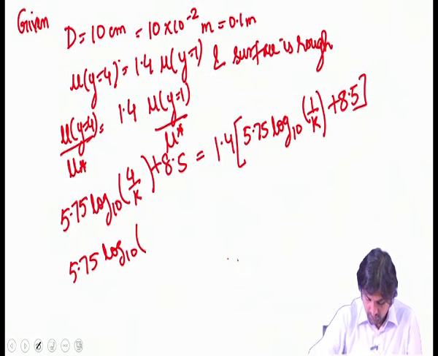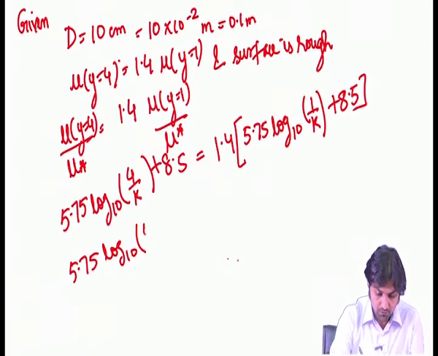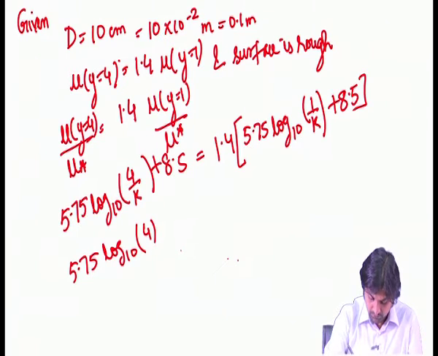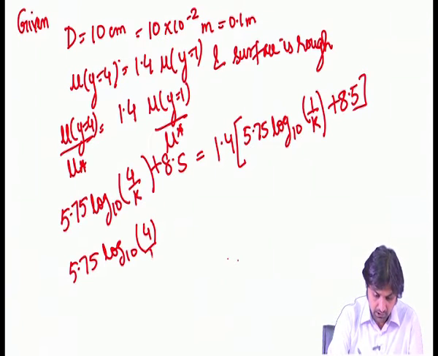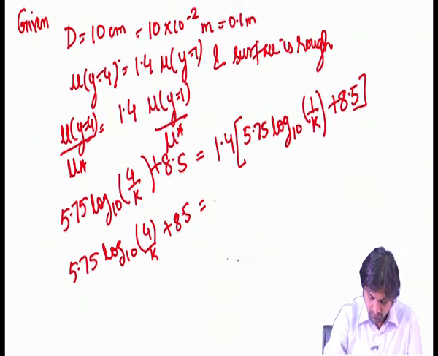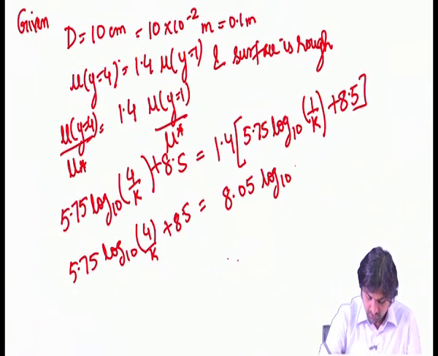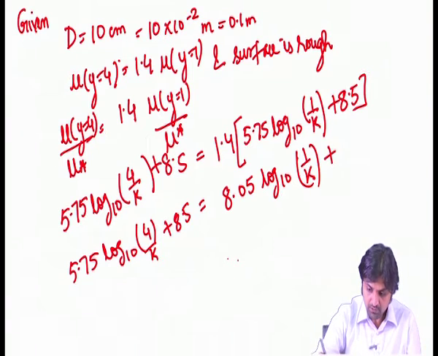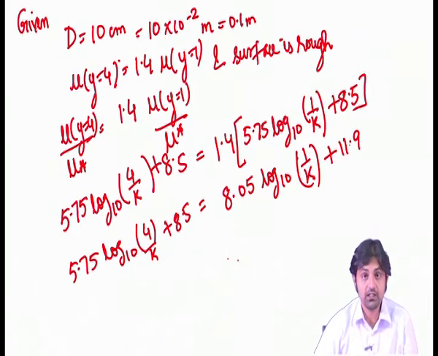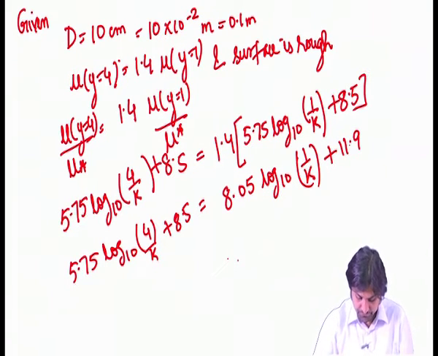Okay. So we can write this will remain as it is 5.75 log base 10 4 by k plus 8.5 is equal to this, if you multiply it becomes 8.05 log base 10 1 by k plus 11.9. Okay.